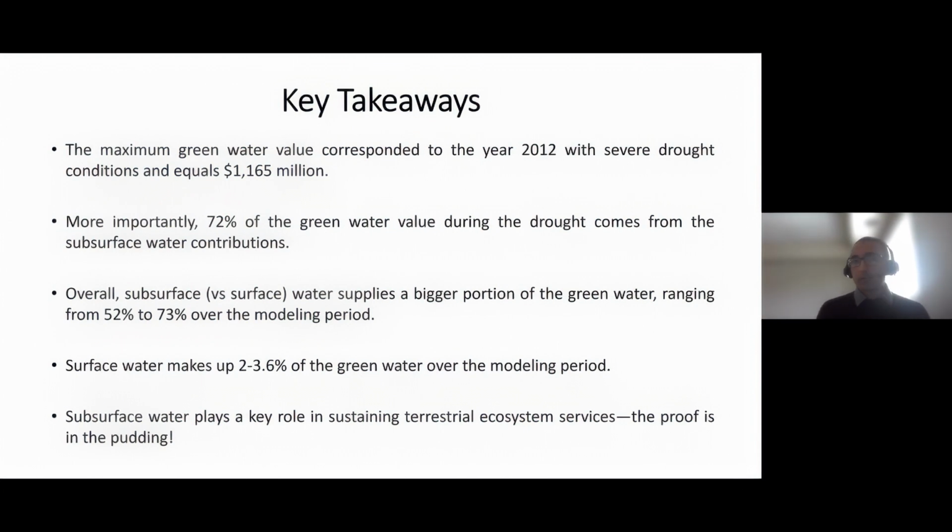So if we look at 2000 to 2017, over this modeling period, the subsurface contribution was 52 to 73%, and the surface water contribution was really small, 2 to 3.6%. So the results of the study clearly show that the subsurface water plays a major role in the supply of ecosystem services from a watershed.